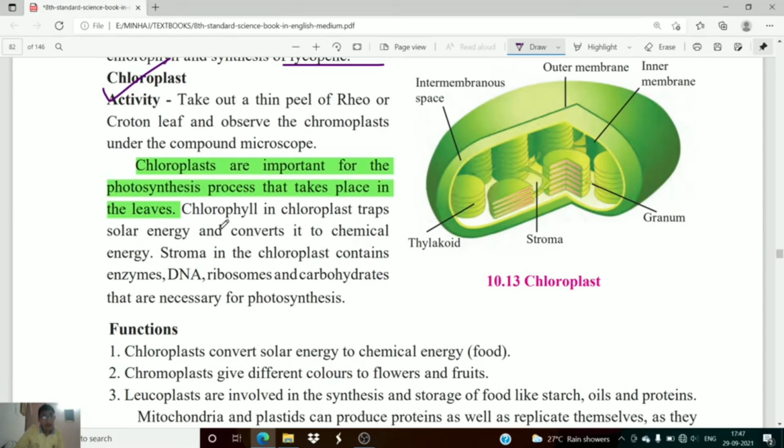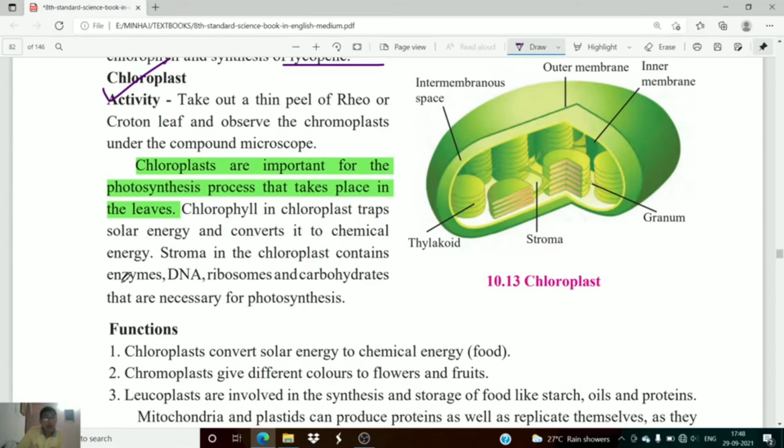So chlorophyll in chloroplast traps solar energy and converts it into chemical energy. Whatever solar energy is emitted by the sun is trapped by the chlorophyll, and it is converted into chemical energy. And the stroma in the chloroplast contains enzymes, DNA, ribosomes, and carbohydrates that are necessary for photosynthesis.